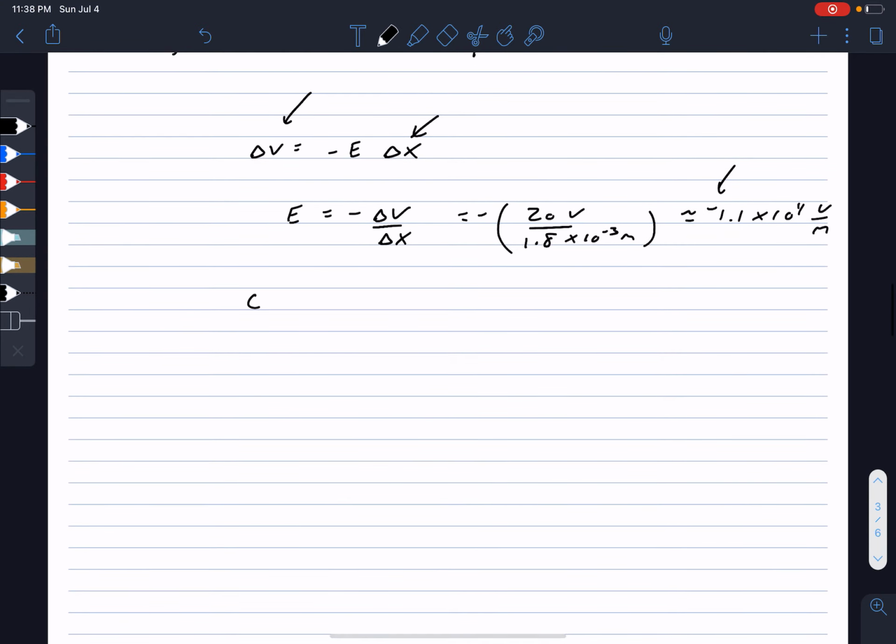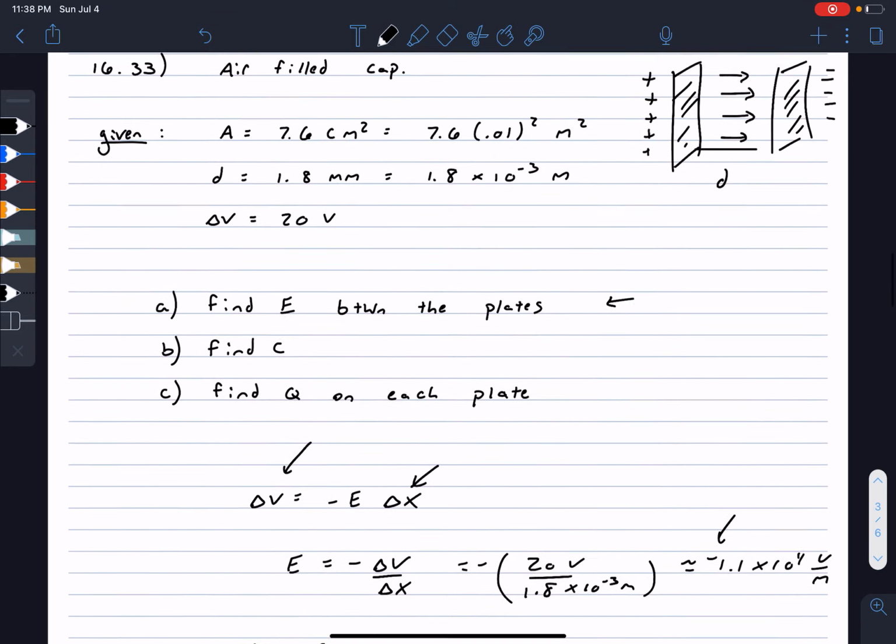Okay, next is find the capacitance of the capacitor. Well, we know some formulas for capacitance. We have an area, we have a distance, we know epsilon naught. We can just plug these values in. 8.85 times 10 to the negative 12, times 7.6.